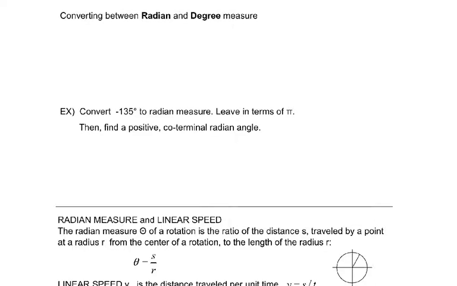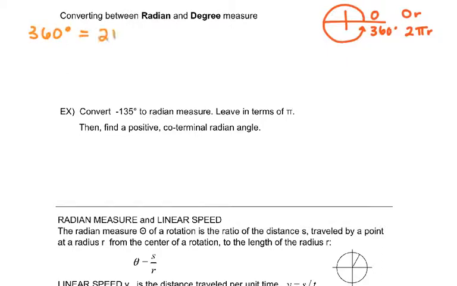Well, we know one trip all the way around that unit circle goes from 0 to 360 degrees, or rather 0 radians to 2 pi radians. And we don't generally need to write that R for radians, it's just understood, but I'm writing it right now. So we know that 360 degrees equals 2 pi radians.